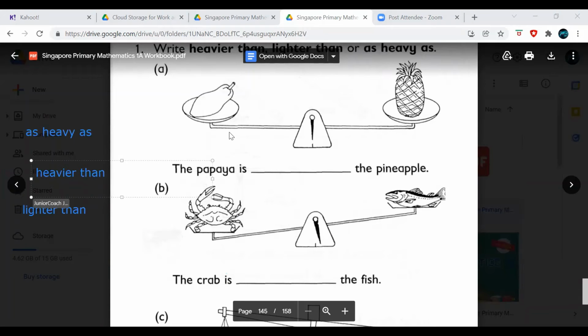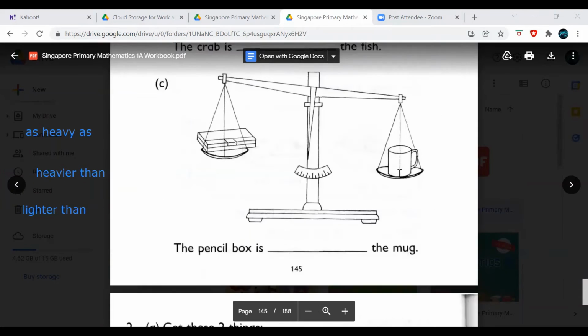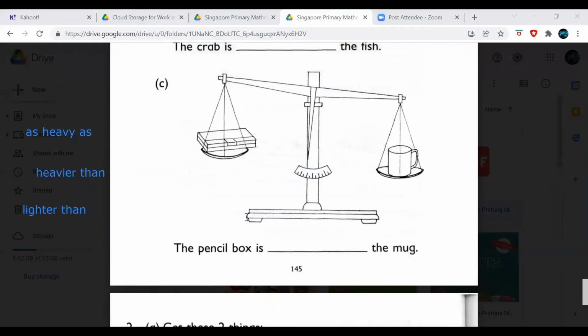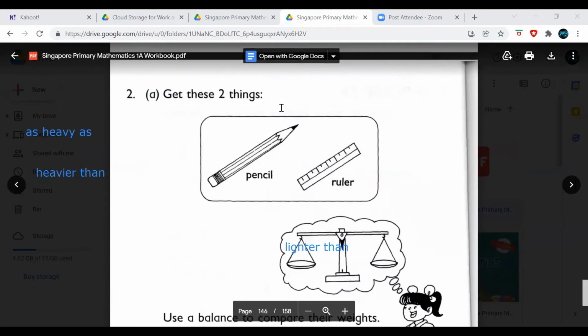Let's put this back. Edison, camera on. The pencil box is something the mug. Lighter. Lighter, perfect. Okay, then you can drag this over here.